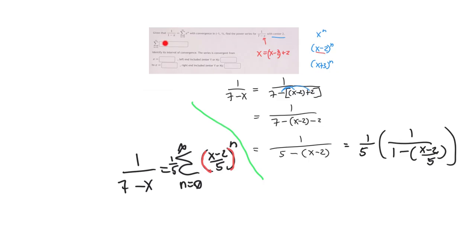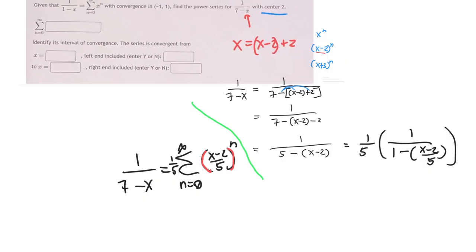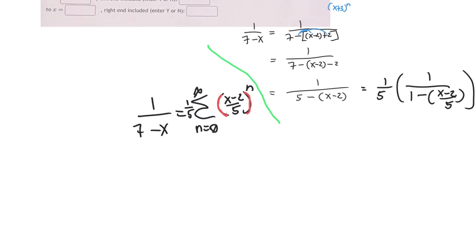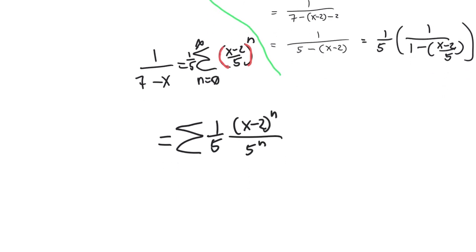And, much like the previous problems, we want to fill this part out here. This part needs to be filled out. And they probably want us to apply this exponent inside and maybe even apply this 1/5 as well. So therefore, if you were to do that, let's put the 1/5 on the inside, at least for now. We'll do this step by step. We hopefully can see that it would be x minus 2 to the n all over 5 to the n.